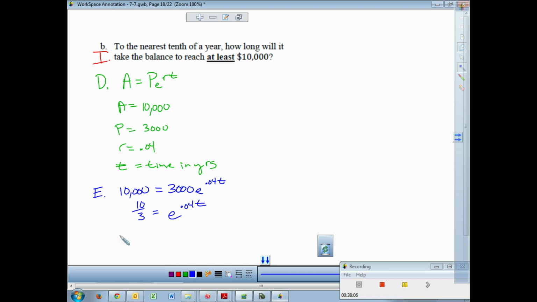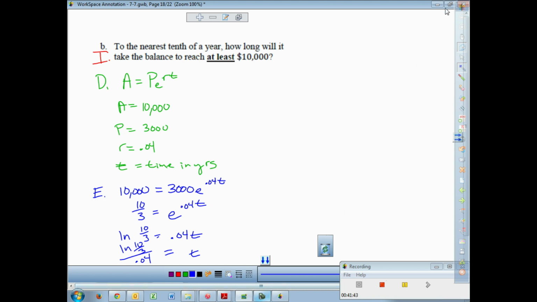The natural log of 10/3 equals 0.04 times t. How do you solve for t? Divide by 0.04. Natural log of 10/3 over 0.04.